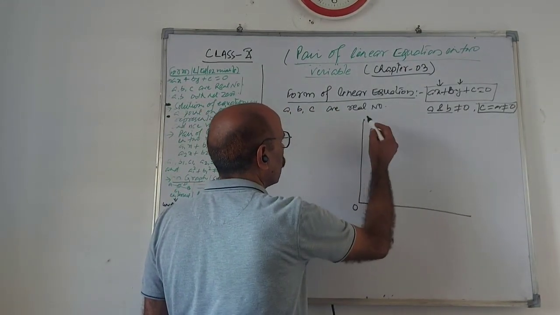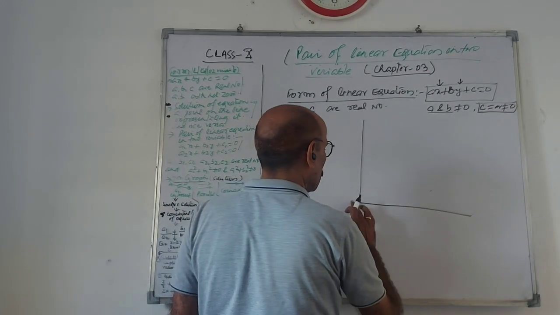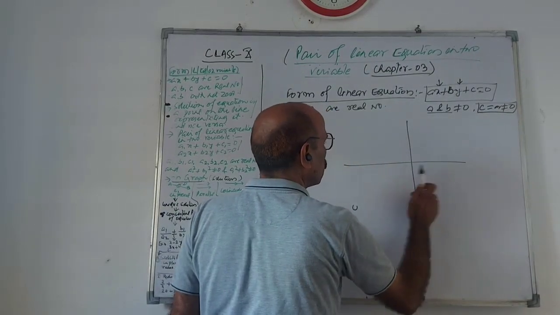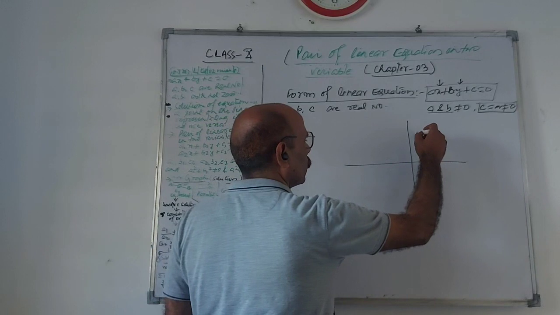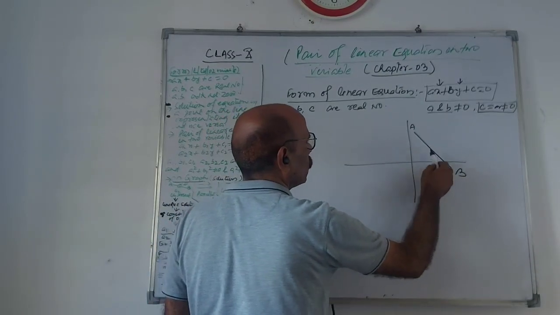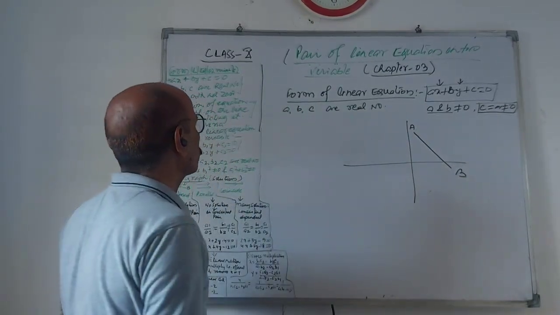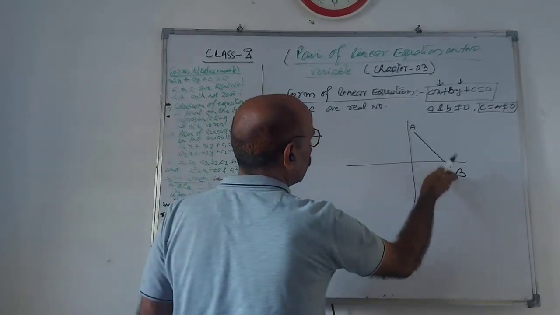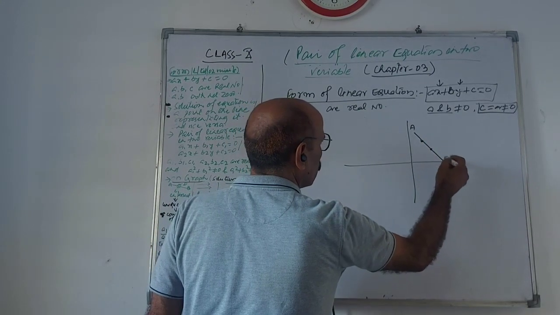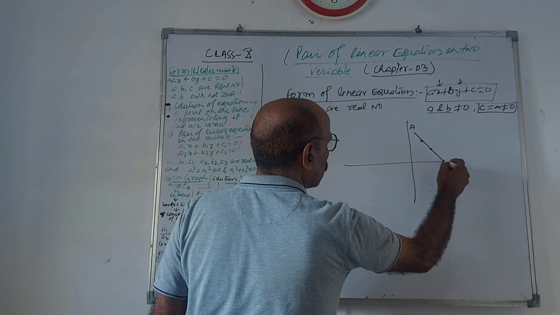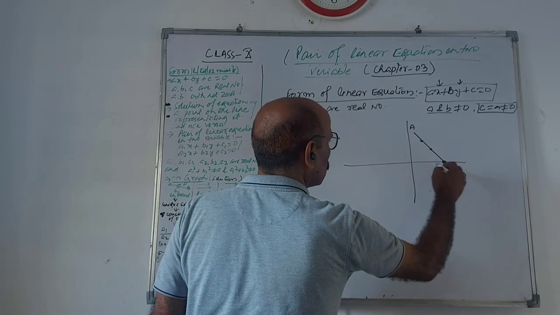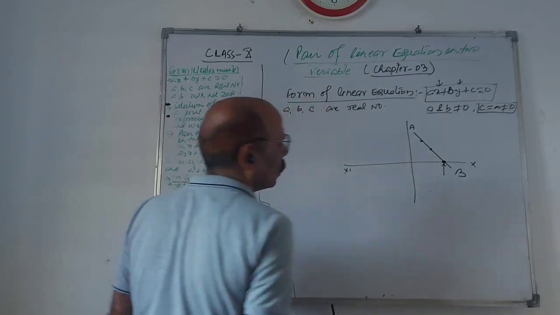In previous classes, in class 9th, you might have learned that if this is a graph sheet and there is any line, suppose line AB, and this line is representing any linear equation, then any point on this line, generally for the answer, we were taking the point where this line intersects the x-axis. You are remembering this.